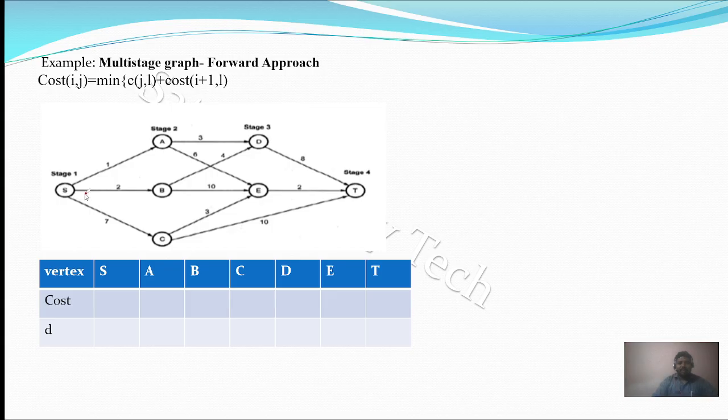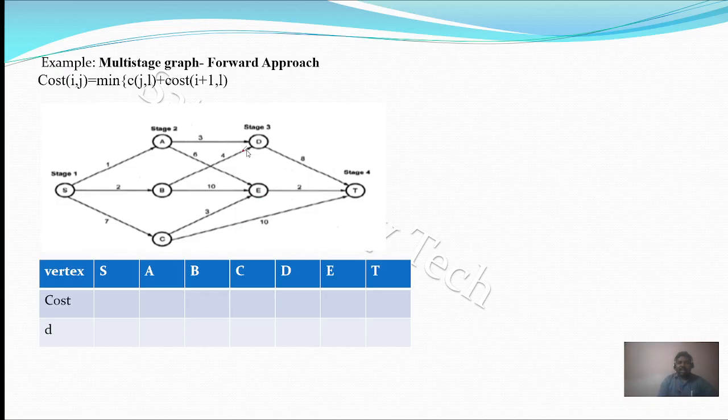Also, in the dynamic programming approach you take a sequence of decisions. Is a sequence of decisions taken here? Yes. For example, you start at the source vertex S, go to the next stage, stage 2, where there is vertex A. From A you can reach either D or E. There are two connected edges, A to D and A to E, so you take a decision here: either go to D or go to E, based on the shortest path.